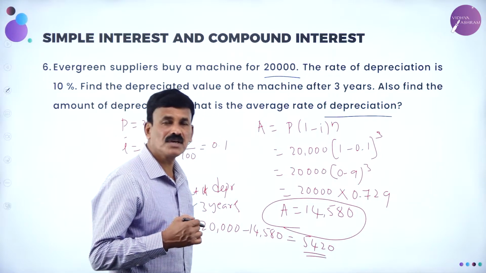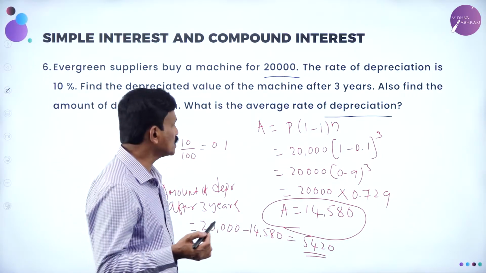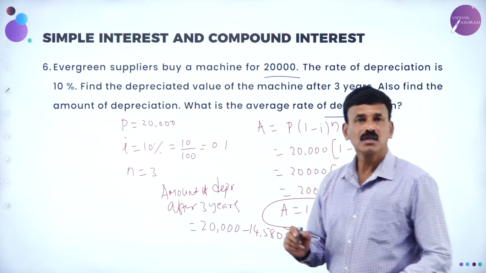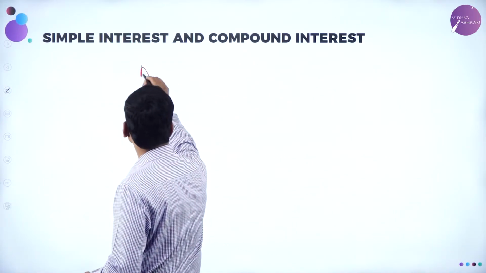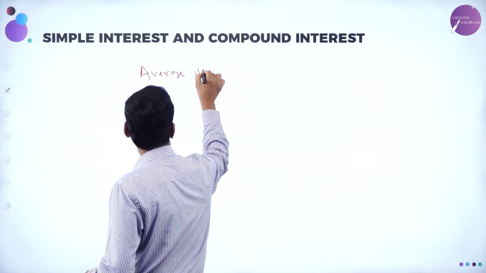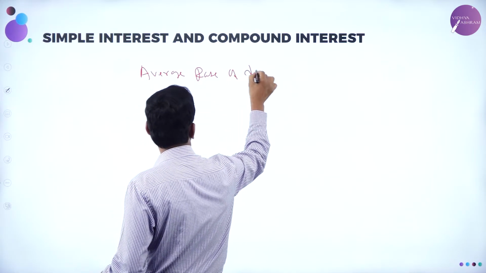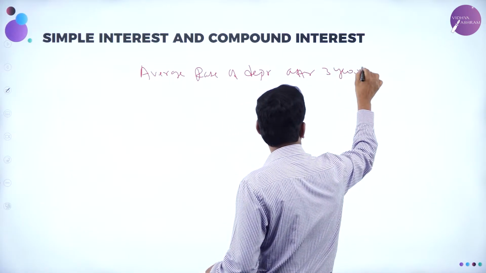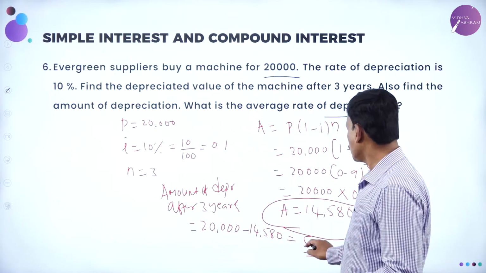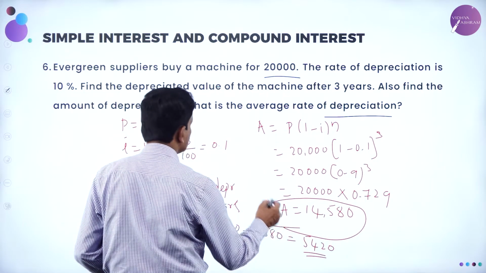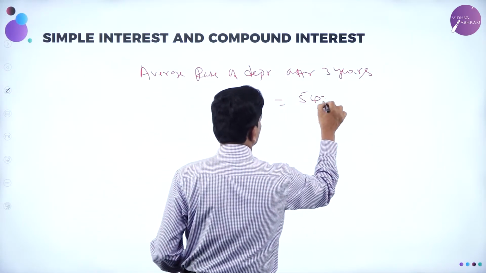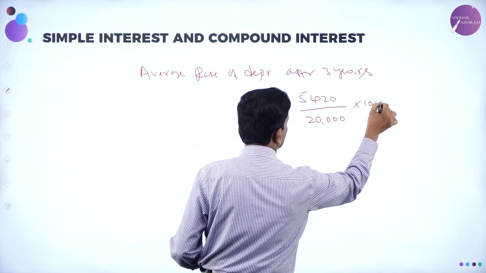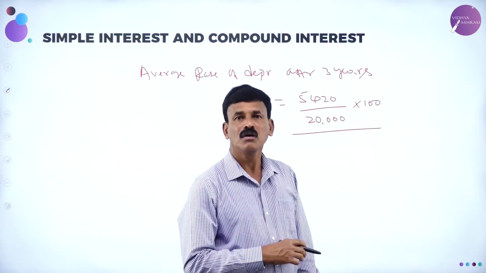Now, what is required to find is the average rate of depreciation after 3 years. The average rate of depreciation after 3 years is equal to this difference, the amount of depreciation, that is 5,420, divided by the total amount, into 100, divided by how many years?